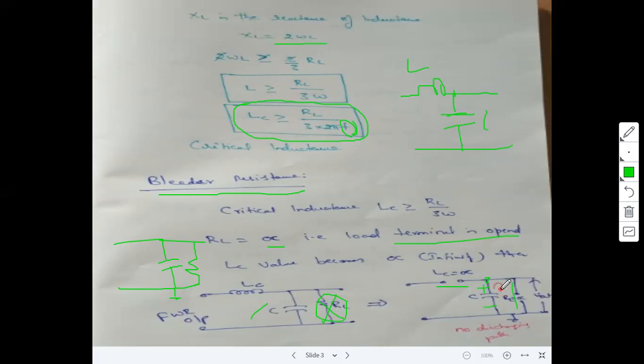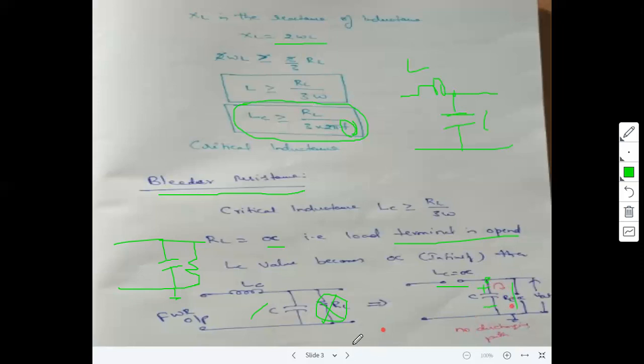When the load is open circuited, there is no path for the capacitor to discharge. Due to this, if anyone touches the open circuited load terminals, he experiences shock. That is the damage to the person who touches the open circuited terminals.